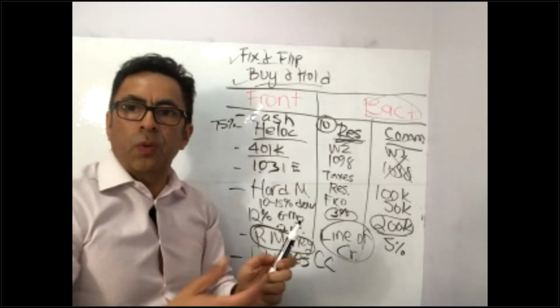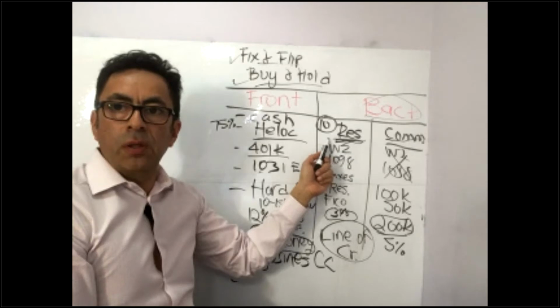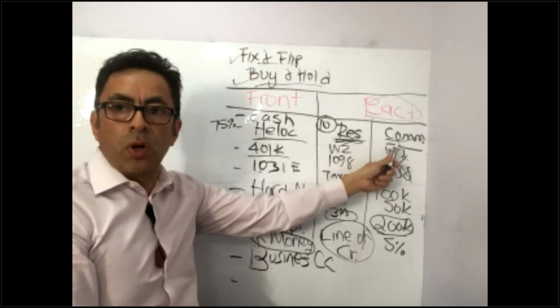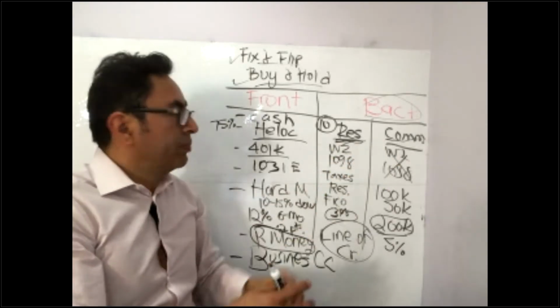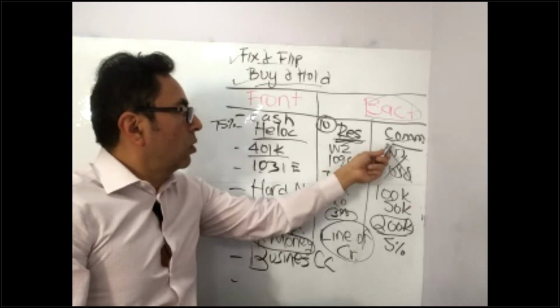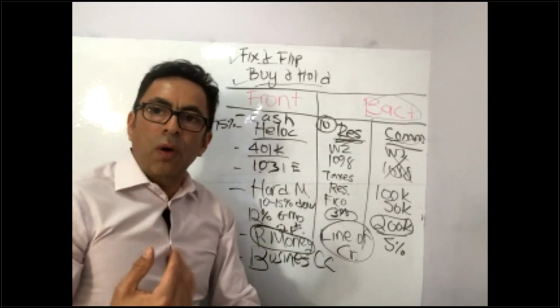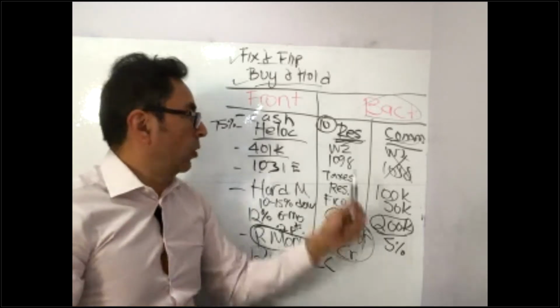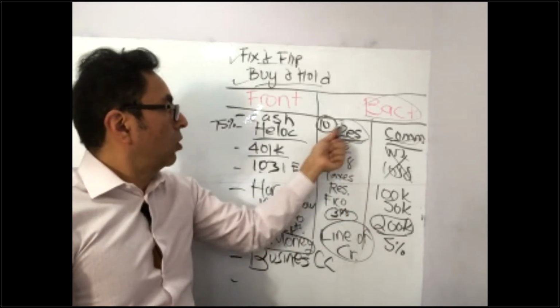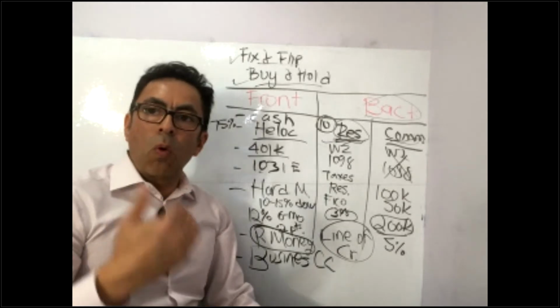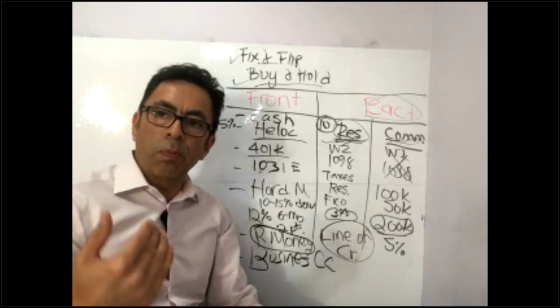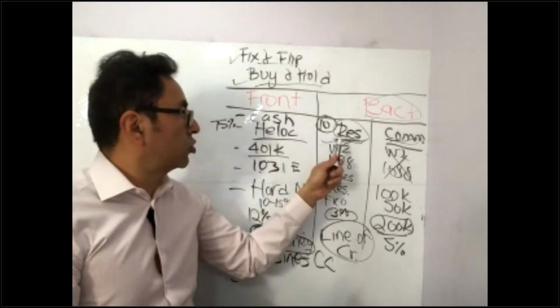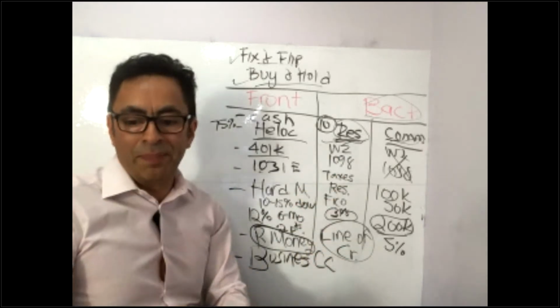For instance, we have several residential and we have mostly commercial loans, okay? The cool thing is that when you go the commercial route, it's not going to affect your debt to income ratio, okay? Because if you go the residential, guess what? All your mortgages are going to show in your personal credit. So that is something very important to keep in mind.